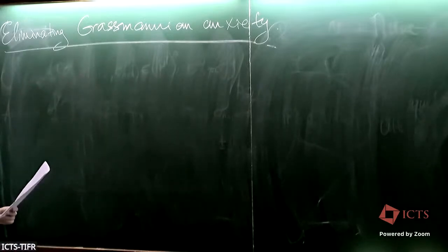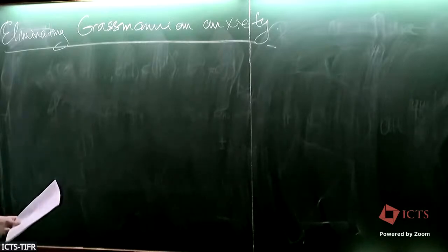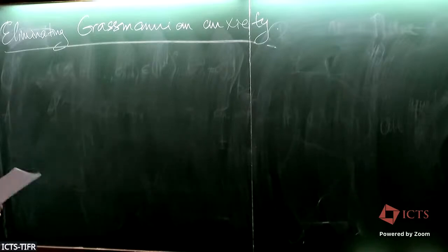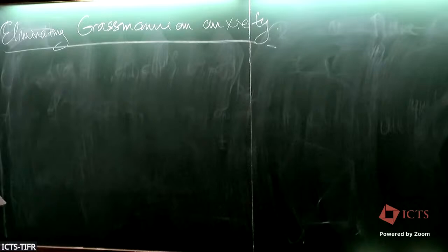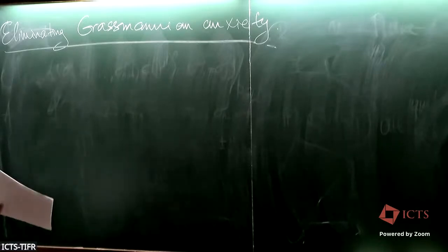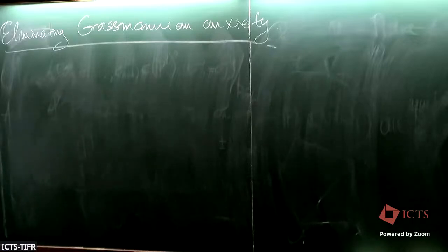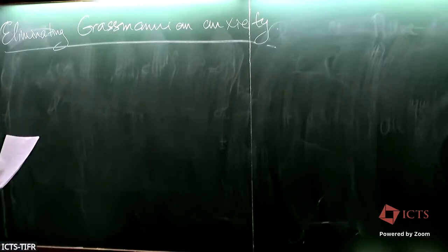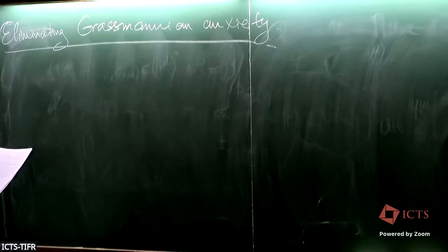So there will not be a lot of mathematical facts today. We'll just try to see how the Grassmannian is a very natural object and how it is the right thing to look at. I will not give you a lot of physics arguments for this, but I will try to convey the mathematical intuition behind the reasoning of physicists who understood, I think, that the Grassmannian is important for physics.